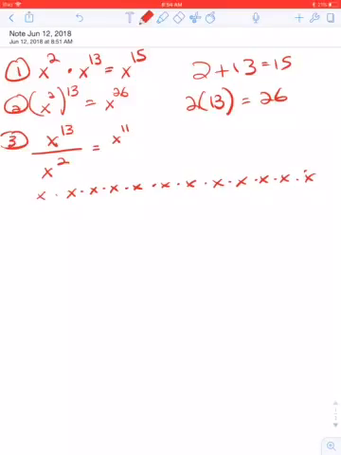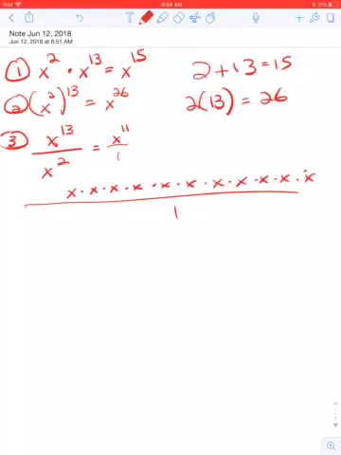There's 11. There's 13. Definitely should have chosen a smaller number. And there's 2. So x divided by x is 1. In other words, it goes away. And x divided by x is 1. In other words, that goes away. And the answer is x to the 11th, or x to the 11th over 1.